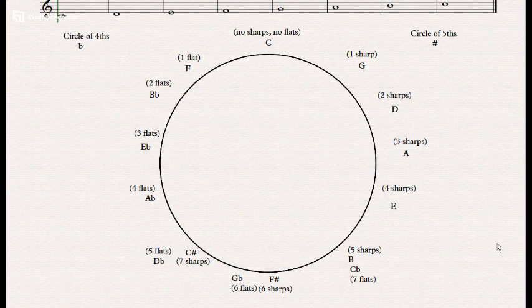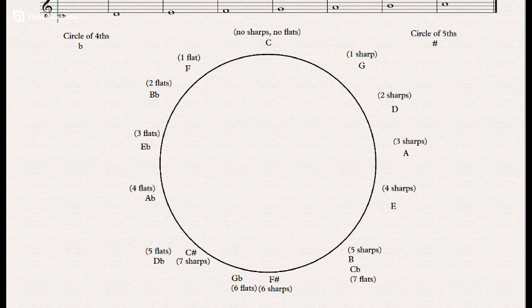Now, let's figure out, using this major scale, how we would use a minor scale. So I used capital letters for all the major scales. I'm going to use lowercase letters for all the minor scales.